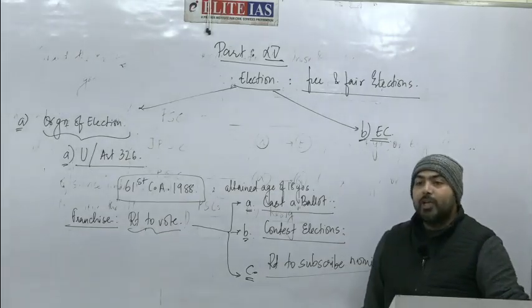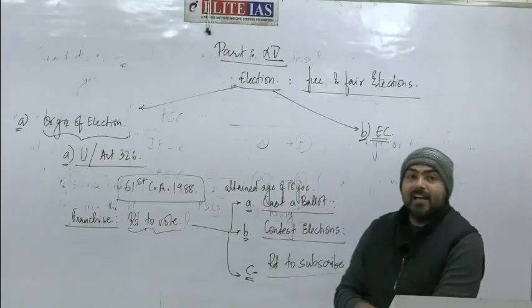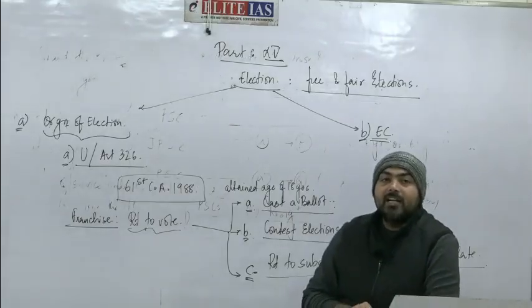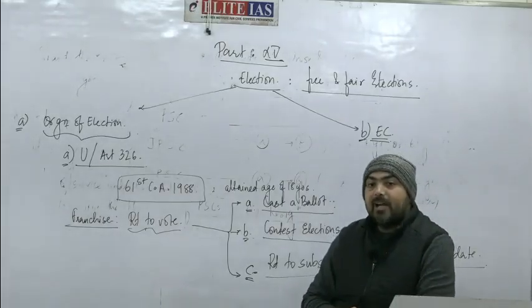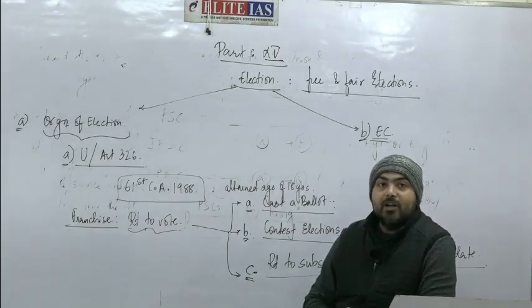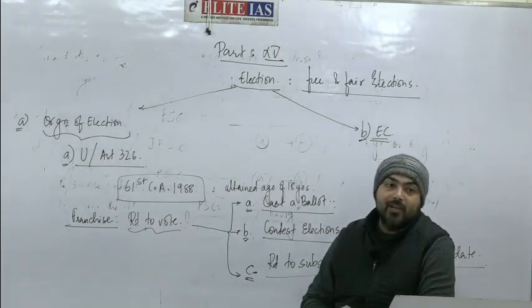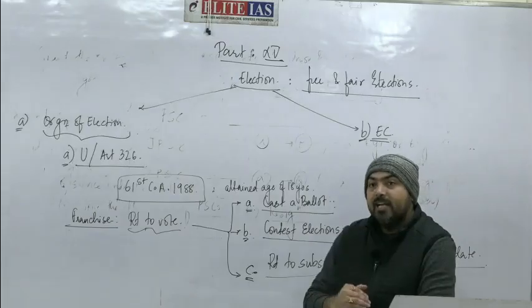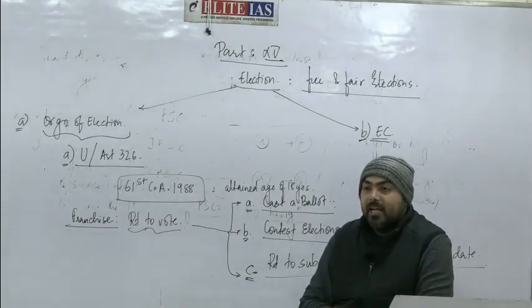Clear? So even the state legislature can make a law, but there are conditions on it. First, the parliament has not made a law. Second, if the parliament has made a law, the law is not sufficient to regulate elections. Only then the state legislature can make a law.